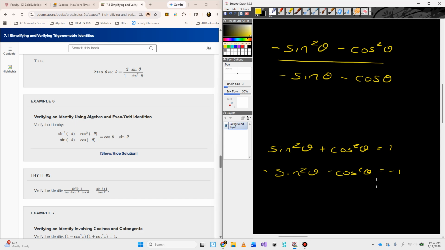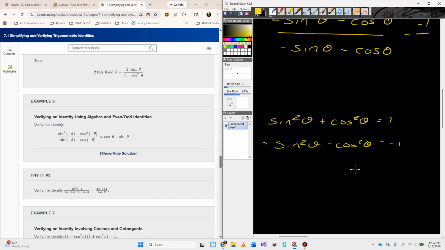So it's very possible for me to rewrite this as negative 1. And of course, with sine theta and cosine theta both being negative, I can rewrite this whole thing, down here, as 1 over sine theta plus cosine theta.